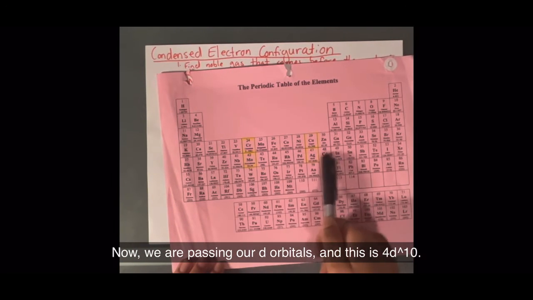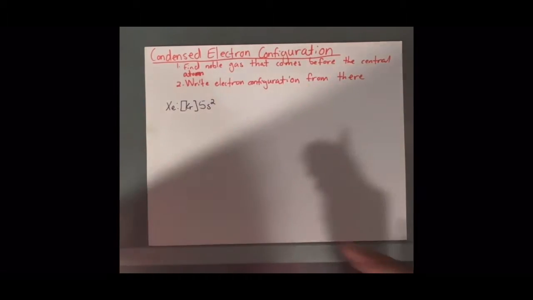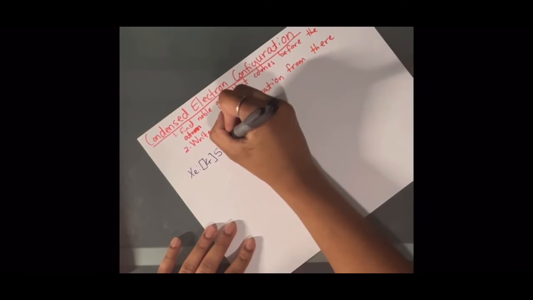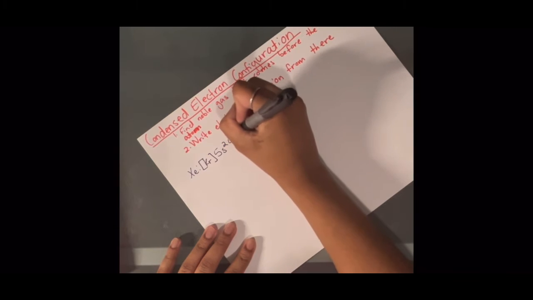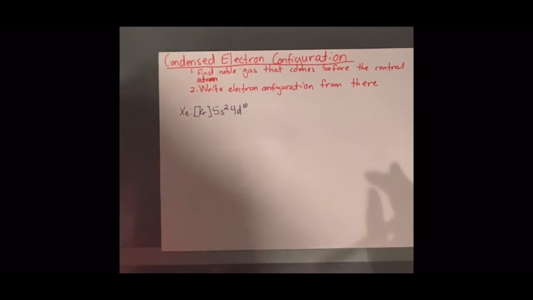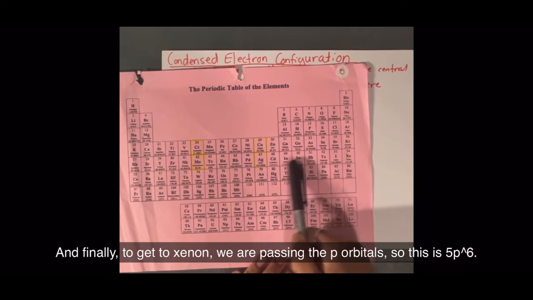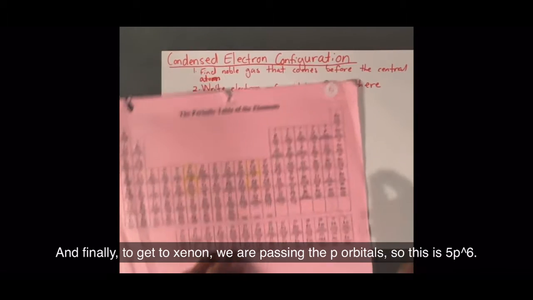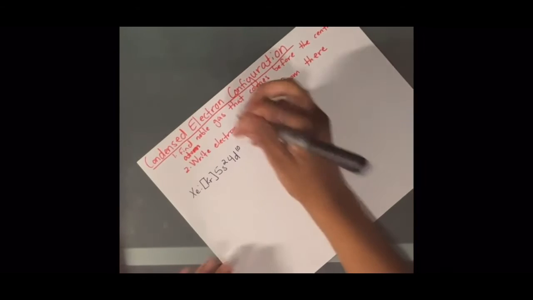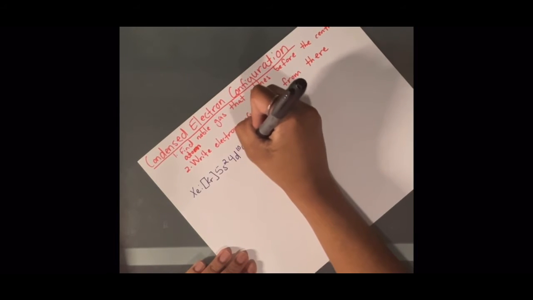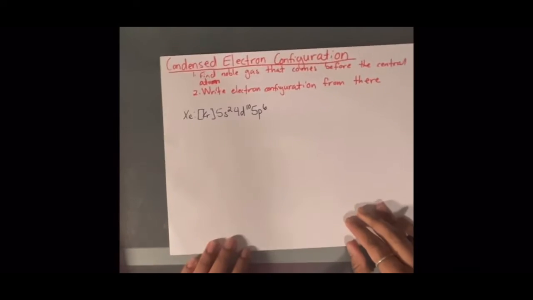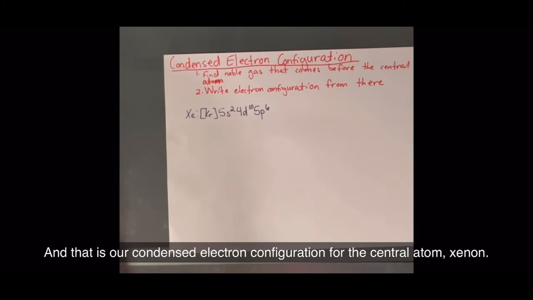So this is 4d10. And finally, to get to xenon, we are passing the p orbitals. So this is 5p6. And that is our condensed electron configuration for the center atom xenon.